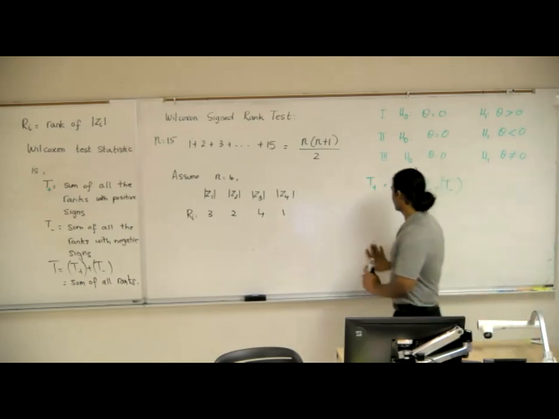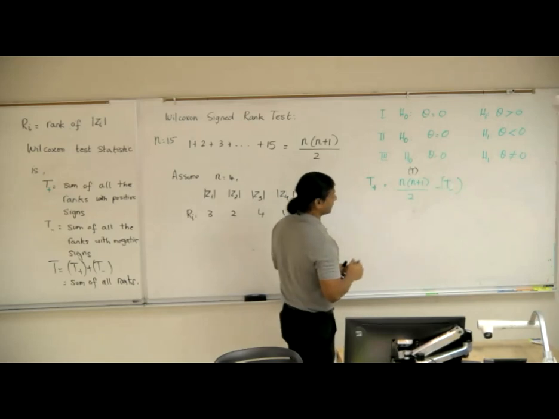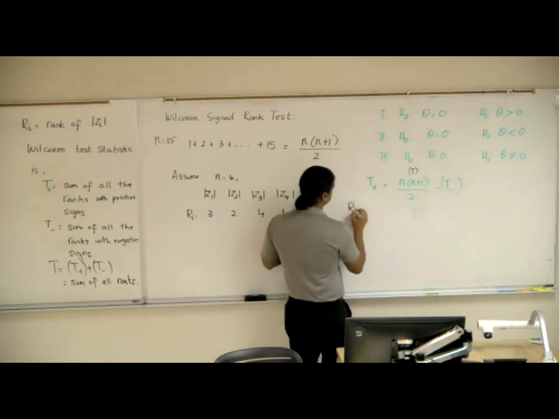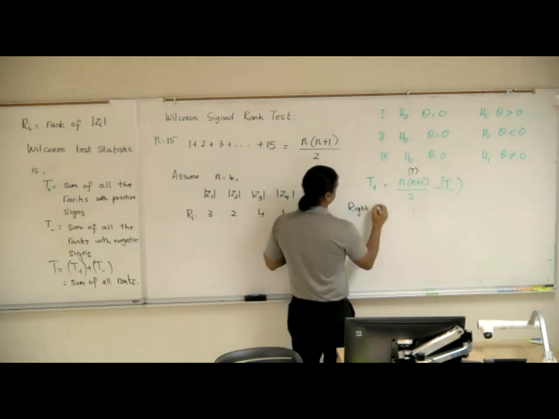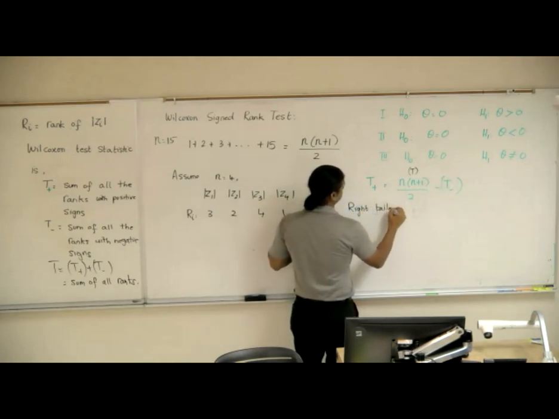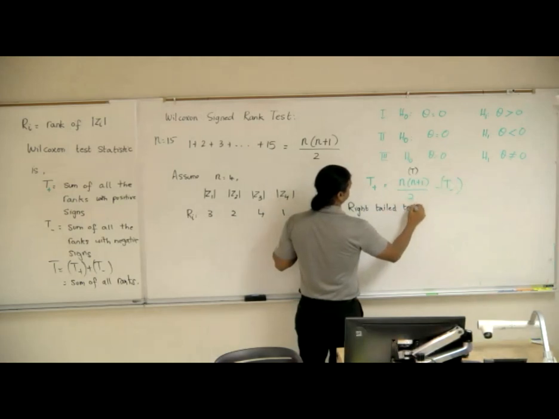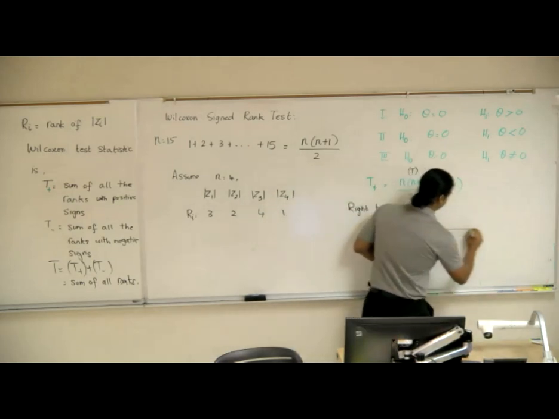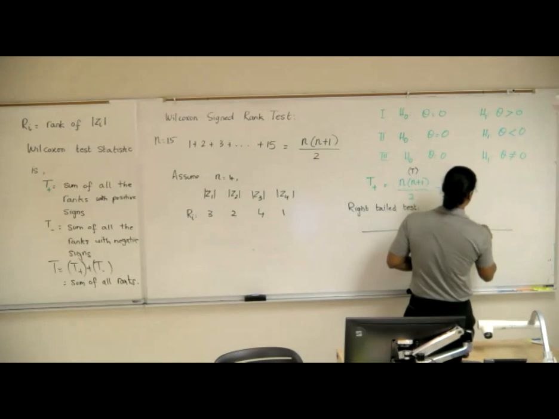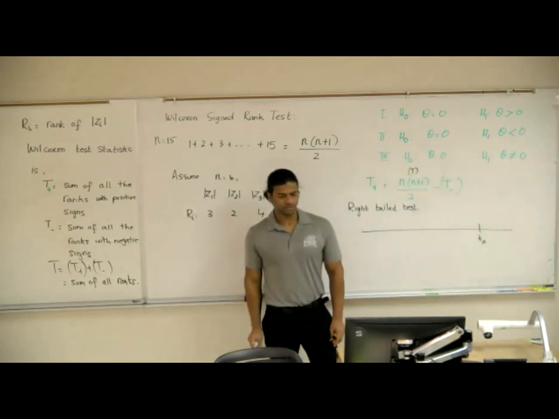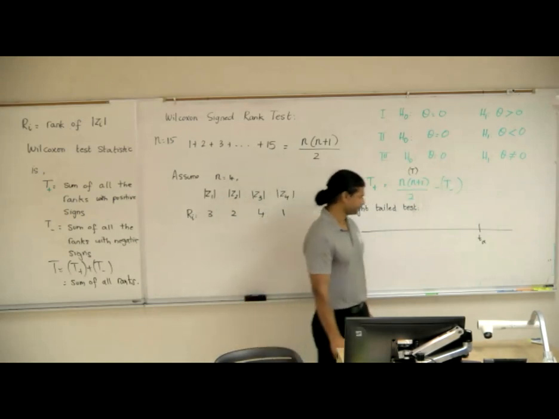So how do we decide whether to reject or not? If we have a right tail test, we want to come up with a critical value. I believe your book calls it T sub alpha.